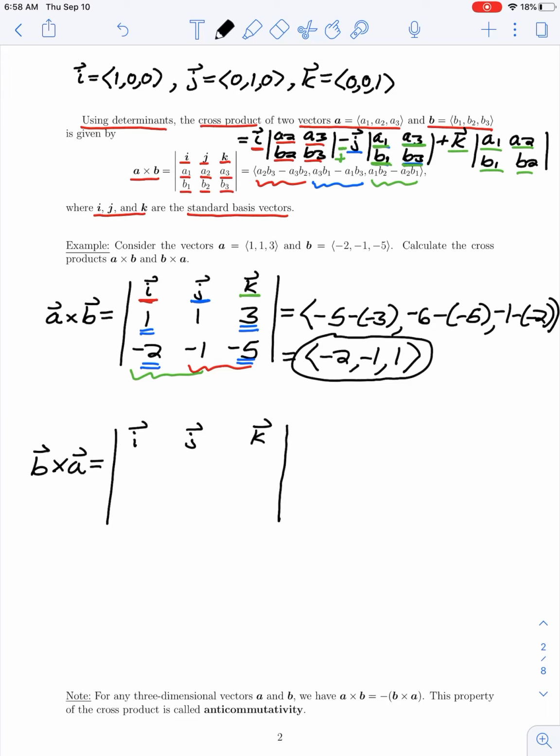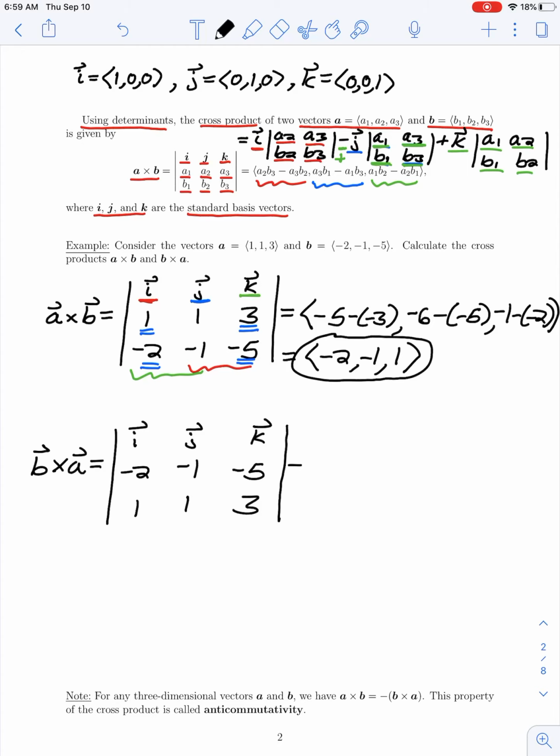The second row would consist of the components of the first vector in our cross product, which is now B. So we have -2, -1, -5. And for A, which was 1, 1, 3, we have those elements in our third row.